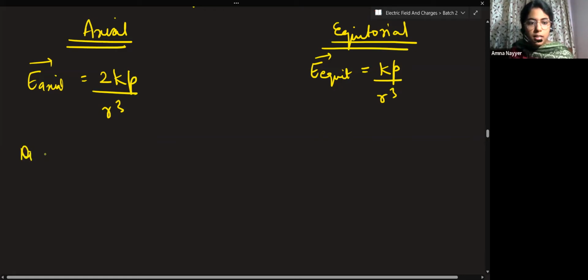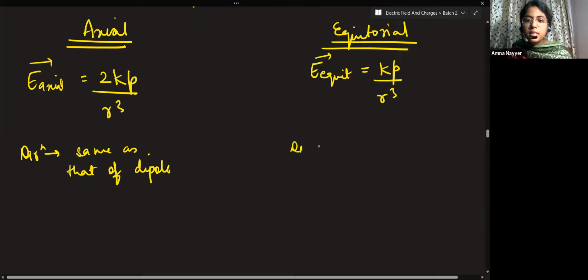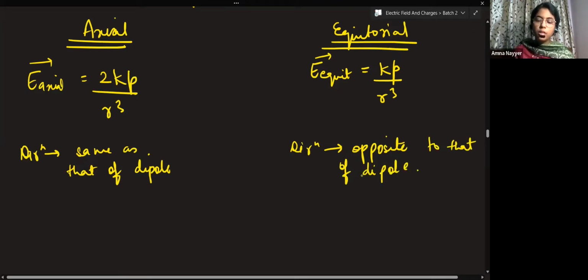Direction, this is same as that of dipole. Here the direction is opposite to that of dipole.